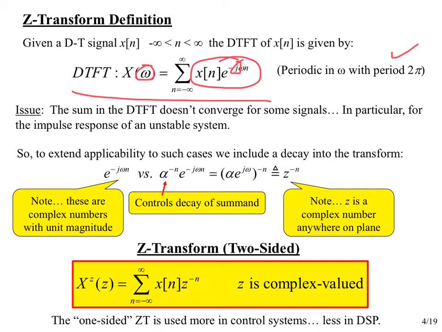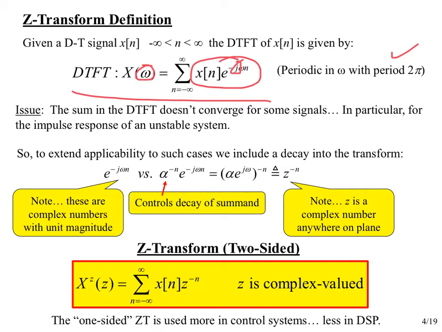So we ask, does this converge for every value of omega? If it does, then we say the DTFT exists. If there's at least one omega for which this doesn't converge, then we say that the DTFT of this signal doesn't exist. And there are many signals, many of which are of very practical interest, for which the DTFT technically does not exist.